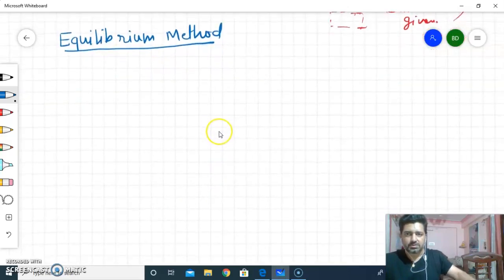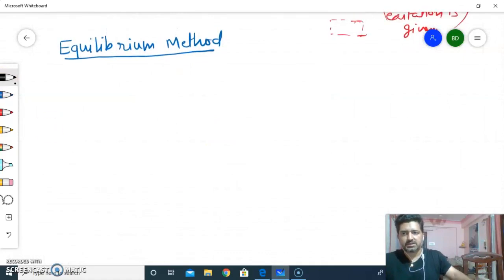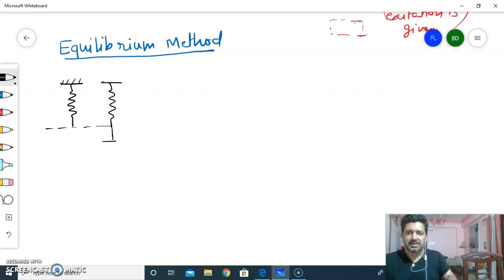Equilibrium method. So in this method we have again a simple spring mass system. ये simple spring mass system है, and initially there is no mass attached, right? But as the mass is attached to the spring, the spring gets stretched due to the mass m. Mass m की वजह से spring क्या होगी, stretch होगी, and there will be a deflection because of this mass.